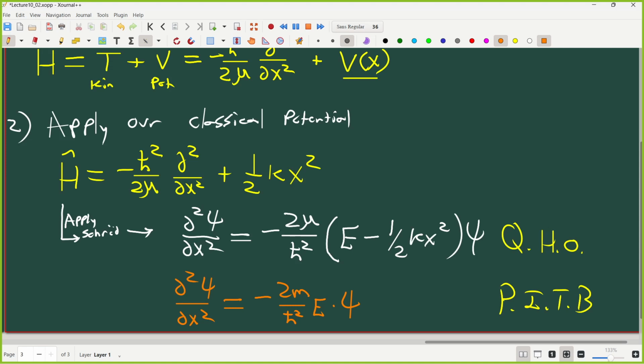But now we have an additional problem for the harmonic oscillator. Now we have an additional complication: when we take the second derivative of our wave function, we get some constant factor back, but we also get the wave function with x squared times back. So you can think of this as functions where, when you take the second derivative, you get x squared times psi.